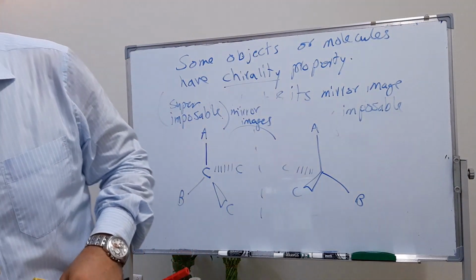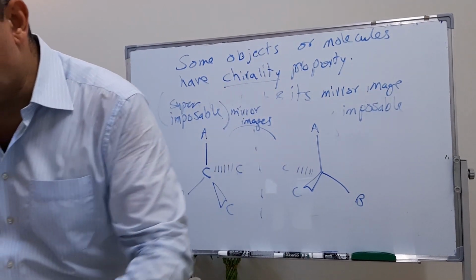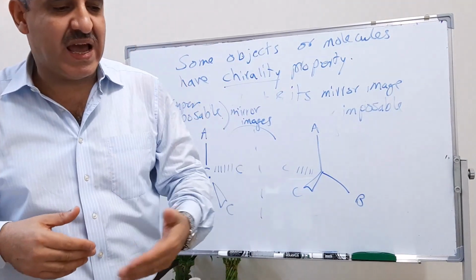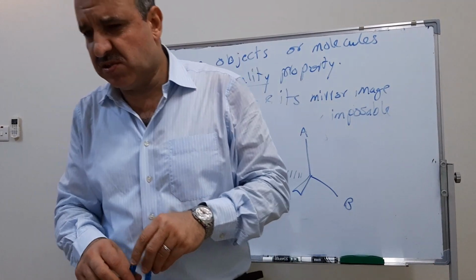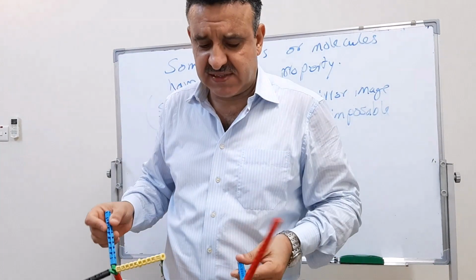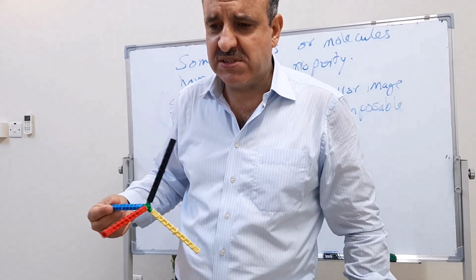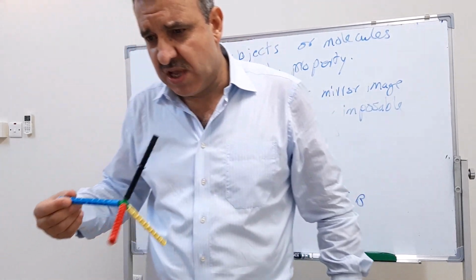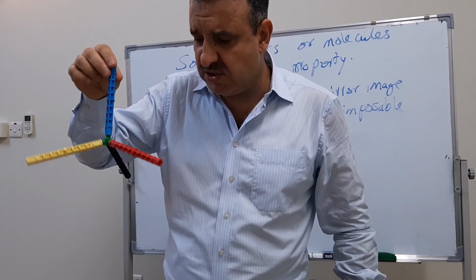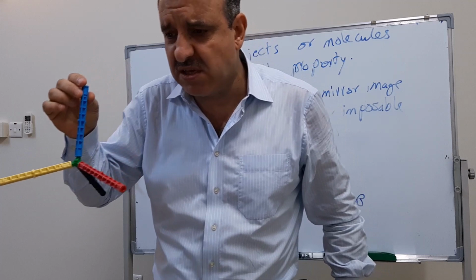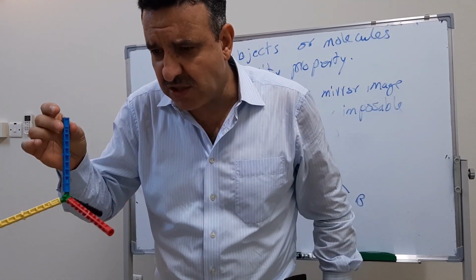So when will we see the chirality property, or in which molecule can have the chirality property? Actually, to make it short and simple, the molecule in organic chemistry which shows the chirality property contains a carbon connected or bonded to 4 different atoms or groups.